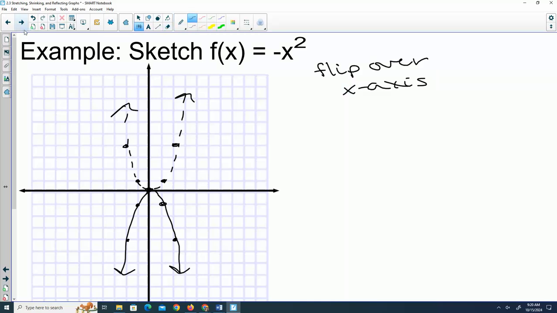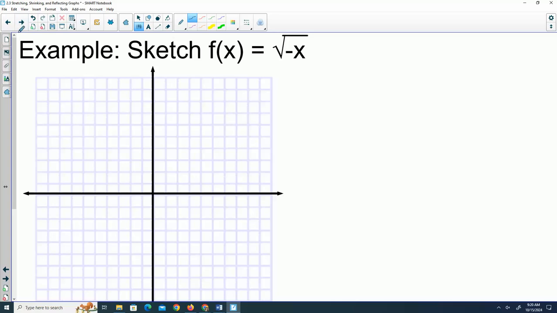All right. What if I give you one where the negative is on the inside? So if I said square root of negative x.